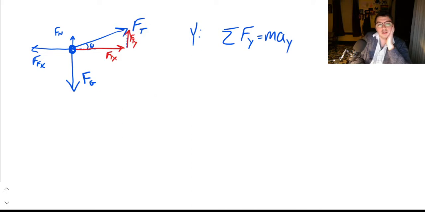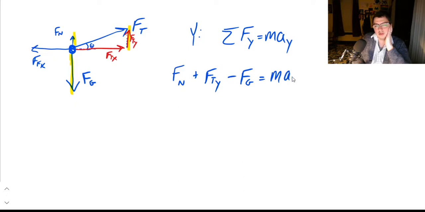In the y direction, though, 1, 2, 3 forces in the y direction. How fascinating. Very different than the previous problem. So here in the y direction, I've got a normal force plus F_Ty minus F_g equals mass times acceleration in the y direction, which is equal to 0 for this particular problem.